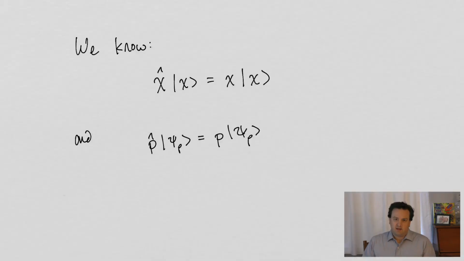So last time we developed some intuition for what it meant to have eigenstates of the position operator, right? Each point along the line is an eigenstate of the position operator. And to have eigenstates of the momentum operator. That is to say, we had a way of saying, this thing has a certain amount of momentum.